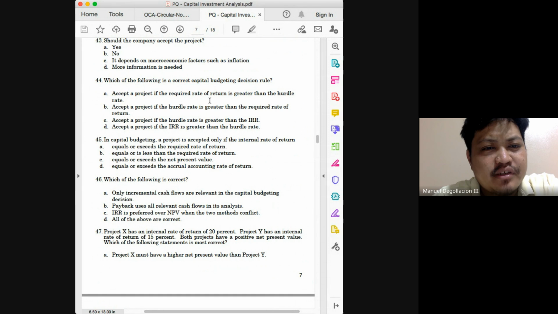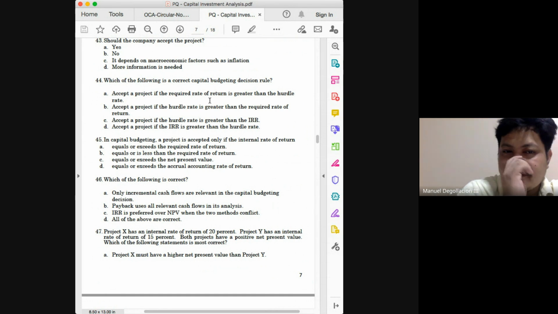Letter A. Accept a project if the required rate of return is greater than the, no, hurdle rate. No, this choice does not even make sense because your required rate of return will be used as the hurdle rate. B. Accept a project if the hurdle rate is greater than the required rate of return. Still no. Accept a project if the hurdle rate is greater than the IRR.